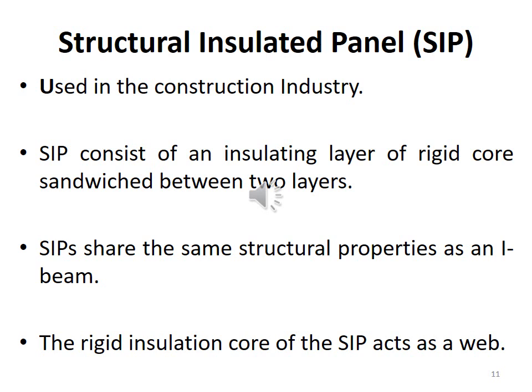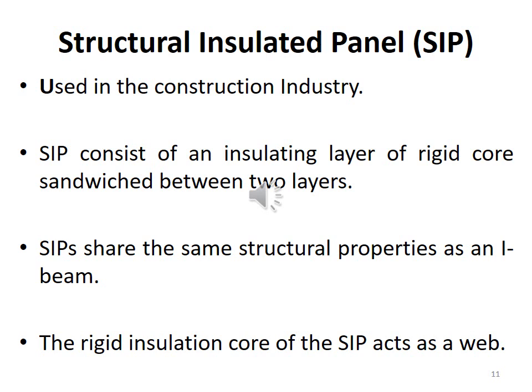A structural insulated panel is a sandwich structure composite consisting of an insulating layer of rigid core sandwiched between two layers of structural board used as building material. The material for the board that can be used to fabricate structural insulated panels may be of different types such as metal, plywood, cement, and these materials will be discussed in the next slide.